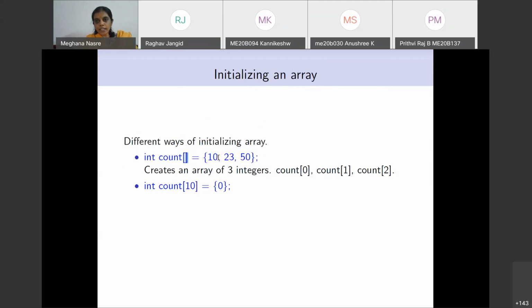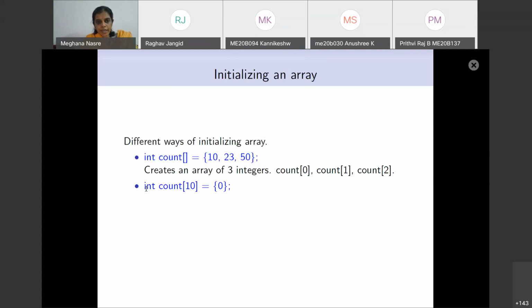It means that it is an array of size 3: count[0] is equal to 10, count[1] is equal to 23, and count[2] is equal to 50. This is the implication of this statement.